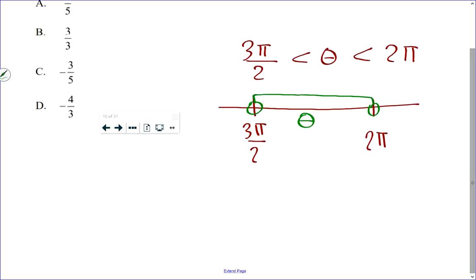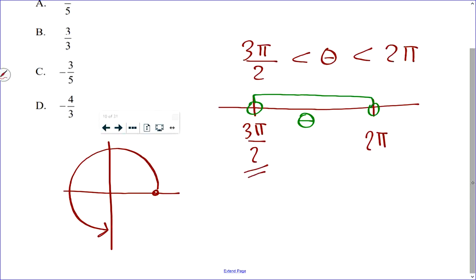When we translate this to a rotation, and I start rotating from 0, let's rotate to 3 pi over 2. 3 pi over 2 is to here. That's 3 pi over 2. On the other hand, 2 pi is here.